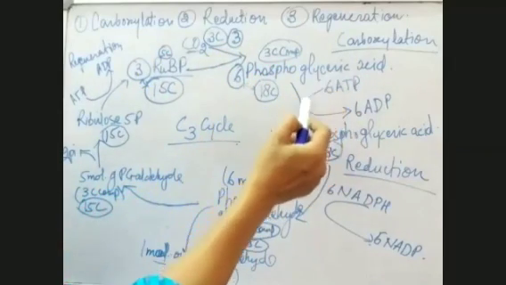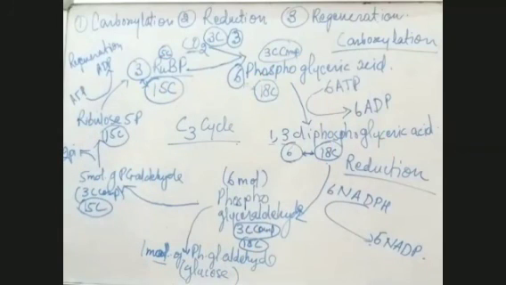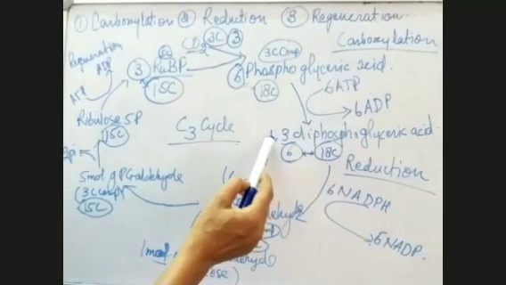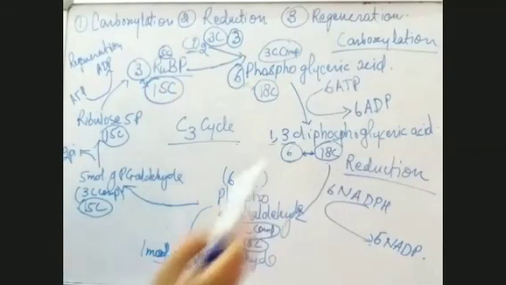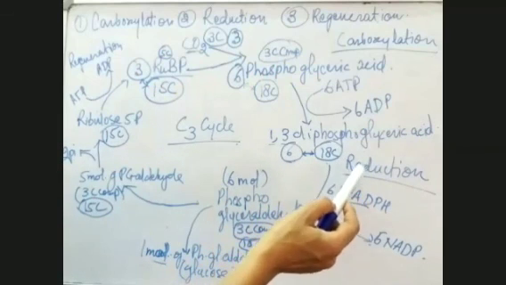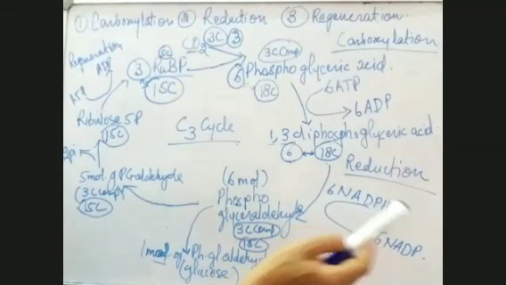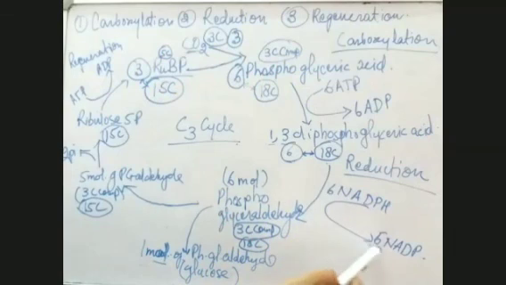Then, because now this is the biosynthetic phase, ATP and NADPH are utilized, and as a result 1,3 diphosphoglyceric acid is formed. Here reduction takes place in which NADPH is used. This NADPH loses it and gets broken down with the release of energy and results in the formation of phosphoglyceraldehyde.